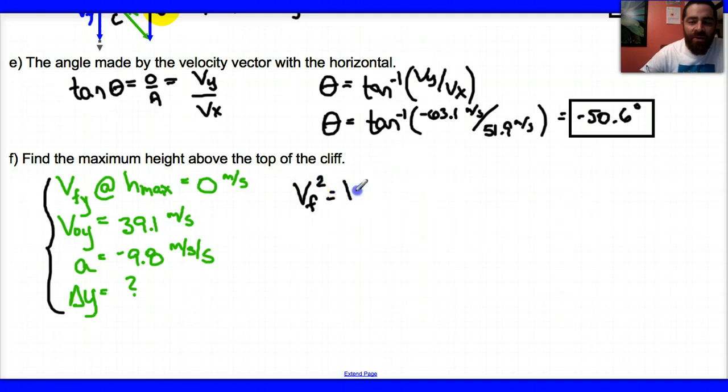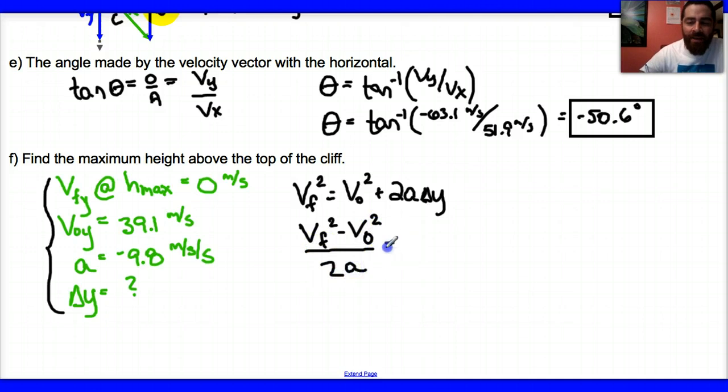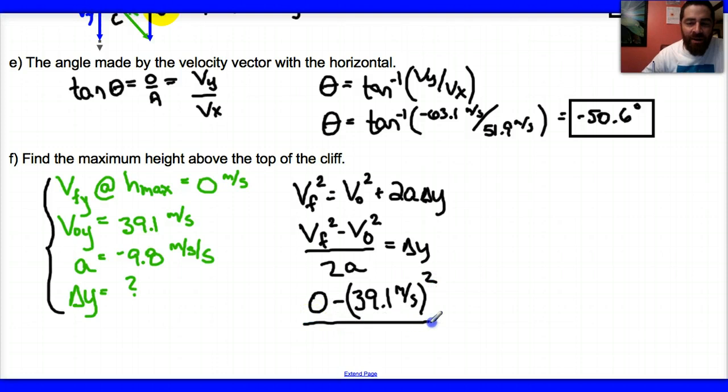I'm going to get Vf squared is equal to V initial squared plus 2a delta y. Solving for delta y, I get Vf squared minus Vo squared all over 2a is equal to delta y. Plugging in my values, V final is 0, V initial is 39.1 meters per second. I have to remember to square that. I'm going to divide this by 2 times negative 9.8 meters per second squared.